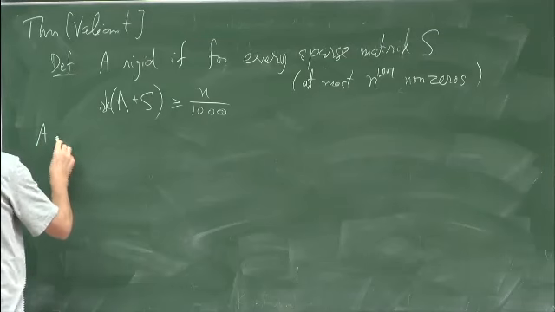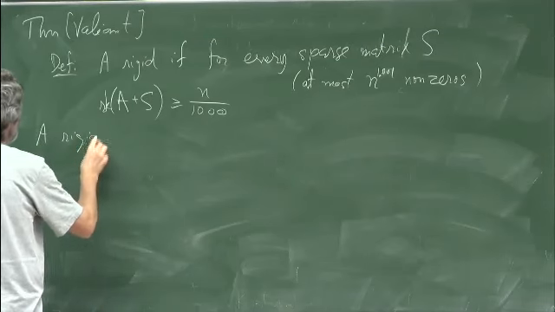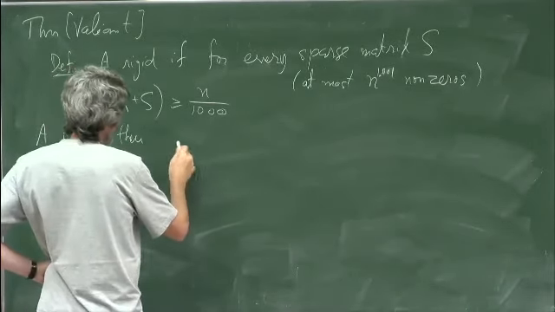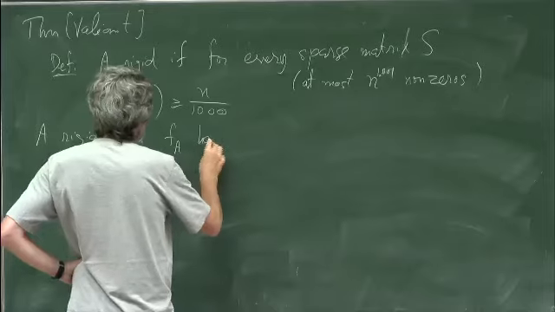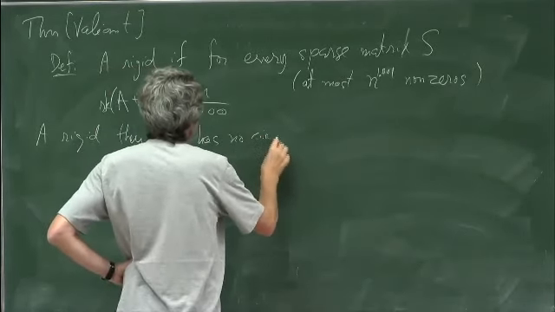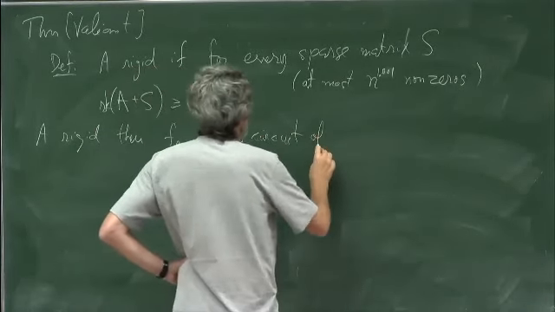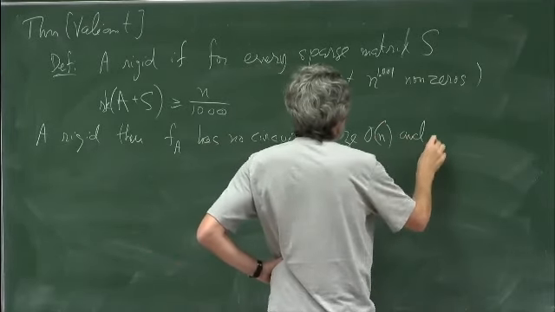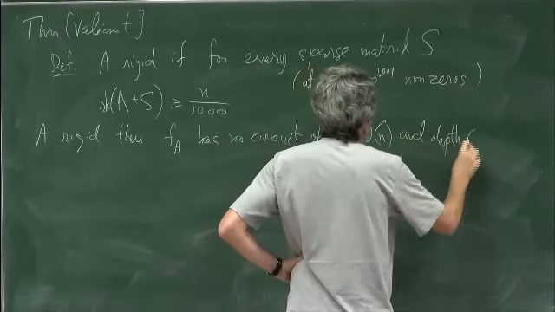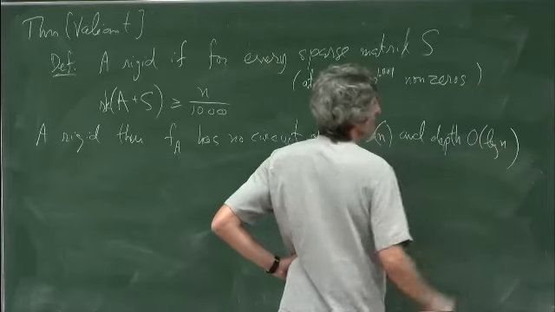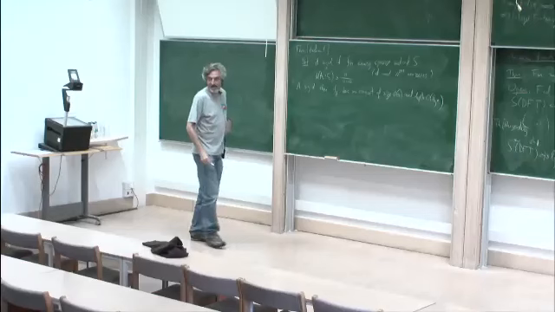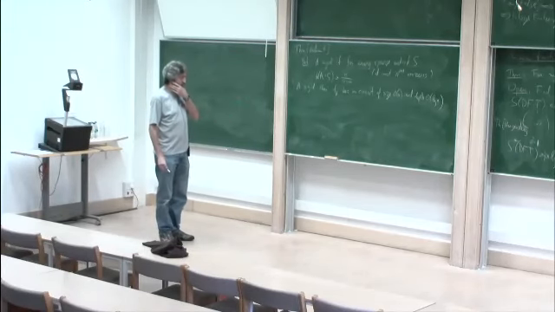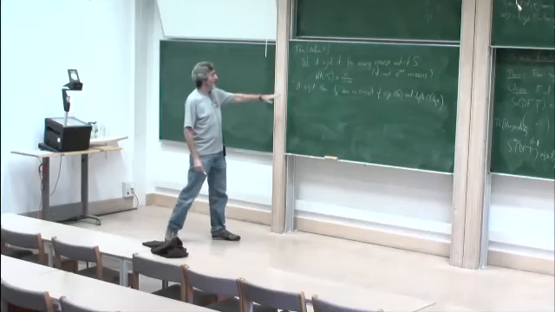So the theorem says that if A is rigid, then the set of linear forms of A has no circuit of linear size and logarithmic depth. It's again a beautiful proof, which I won't show you. All these things are pretty short and clever, but I won't show it right now.